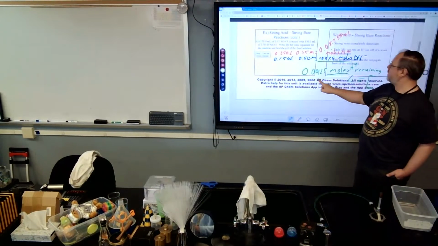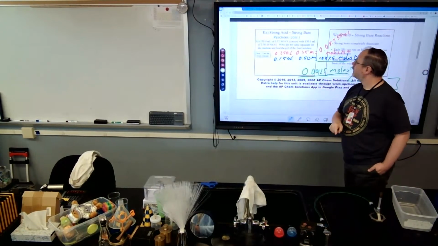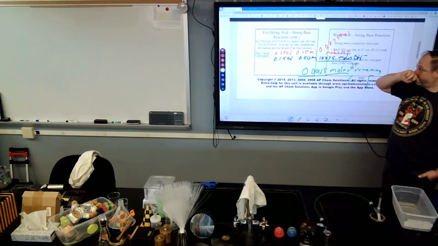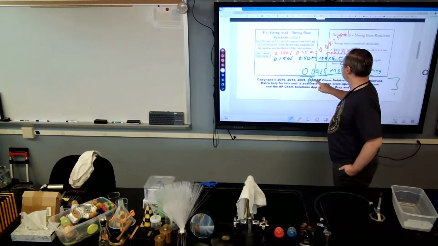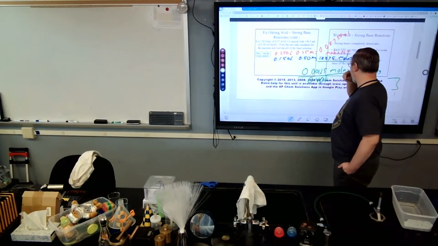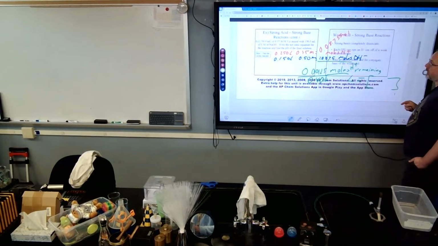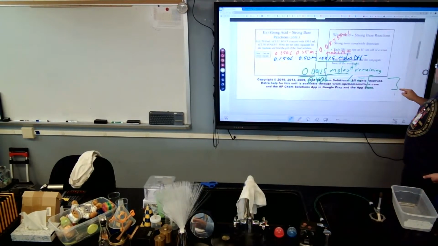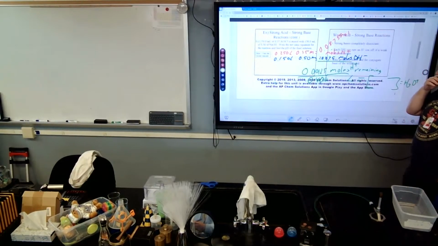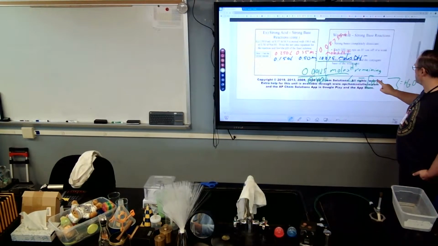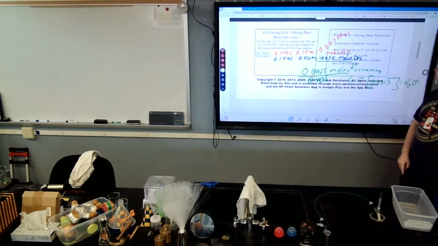Then you take this number of moles and divide it by what volume? 0.4. Again, the total volume. And that gives you a concentration of the hydronium ion of what? 0.0313. Yeah. Okay, cool.